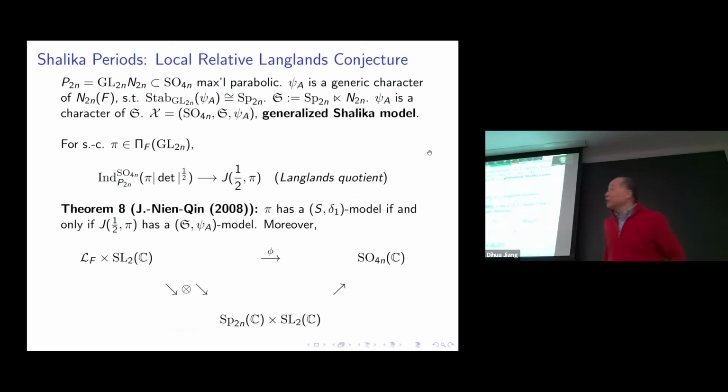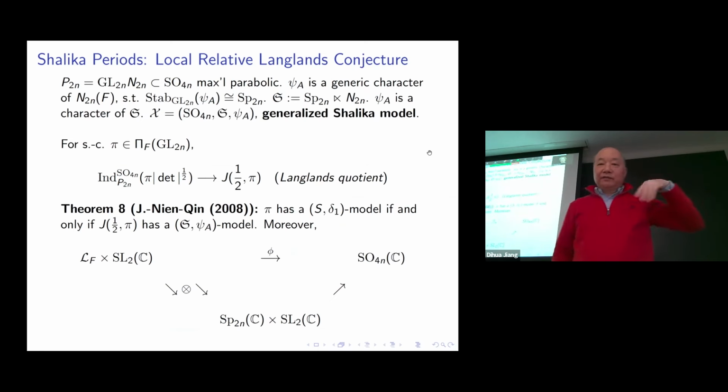Okay, so now I explain this kernel. Yeah, so this SP4N. So SP4N, you have maximum parabolic with Levi subgroup GL2N. And then again, the unipotent radicals are abelian.